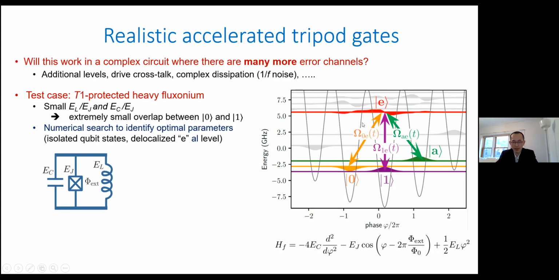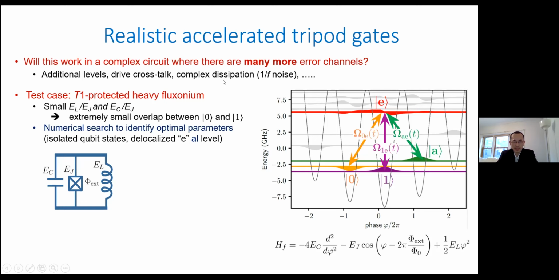What I mean by drive crosstalk is that, suppose we take this omega naught E pulse as an example. This omega naught E pulse is supposed to drive only the transition between 0 and E. However, realistically, it can also drive the 1E transition and the AE transition, which can then give rise to additional leakage errors.